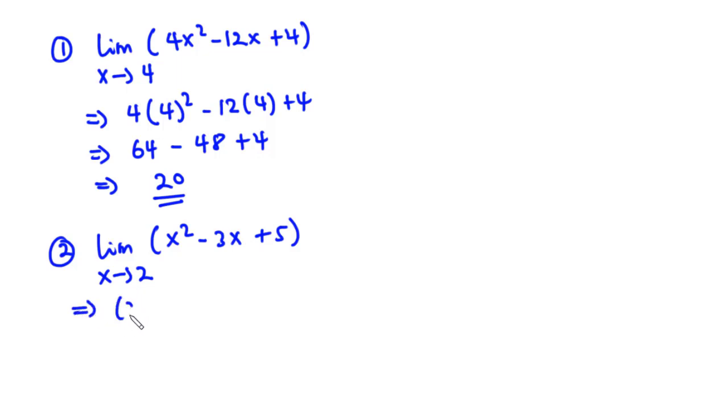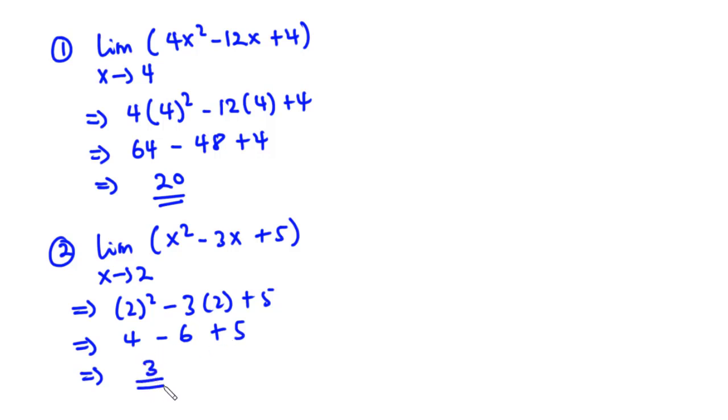So we have 2 squared minus 3 into bracket 2 plus 5. 2 squared is 4, so we have 4 minus 3 times 2 is 6, and then we have plus 5. Now 4 minus 6 is negative 2, and then negative 2 plus 5 is 3. So we have our limiting value to be 3.